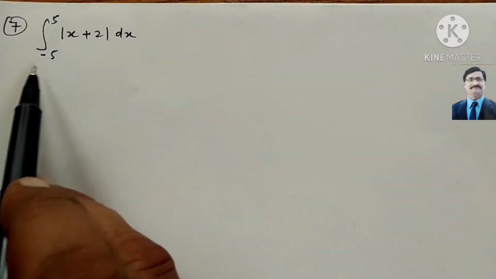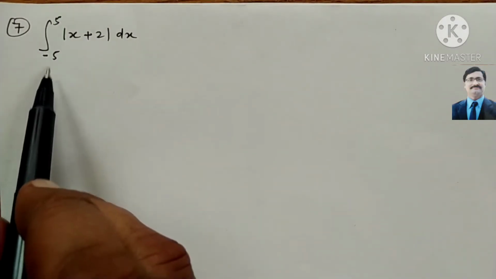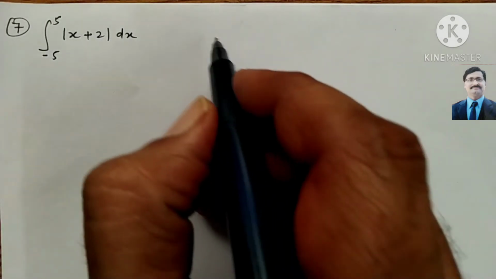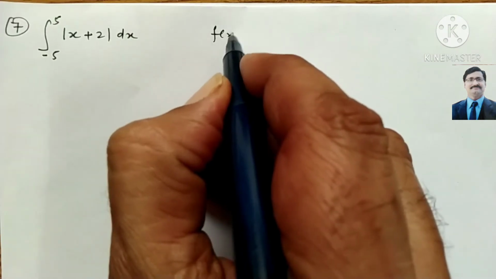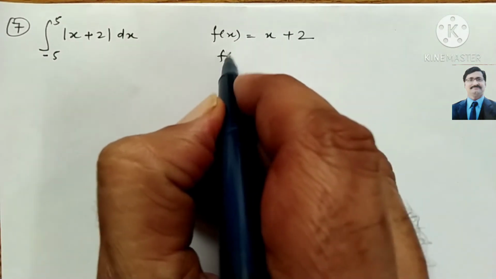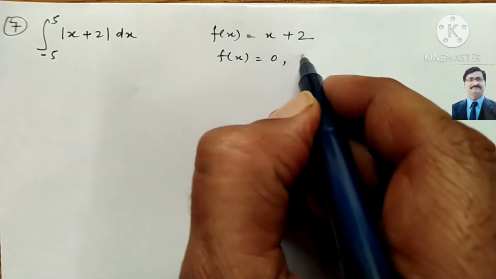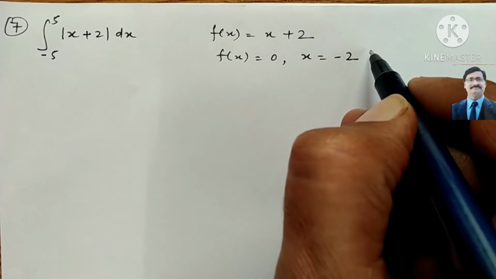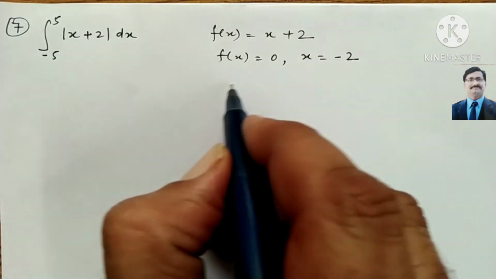Look at this question: integral from minus 5 to 5 of modulus x plus 2 dx. This function is given to us as x plus 2, and f(x) is 0 when x equals minus 2, and this minus 2 lies between minus 5 and 5.